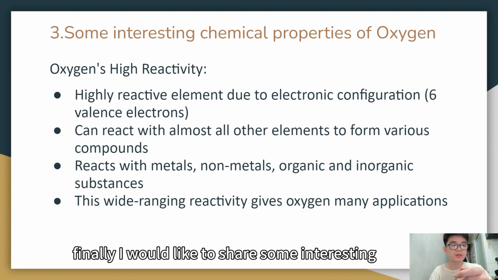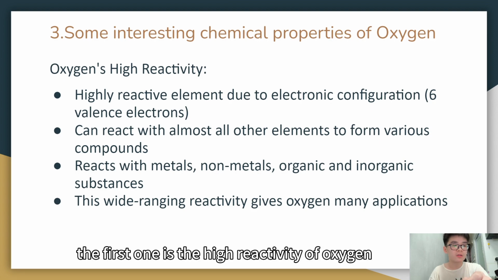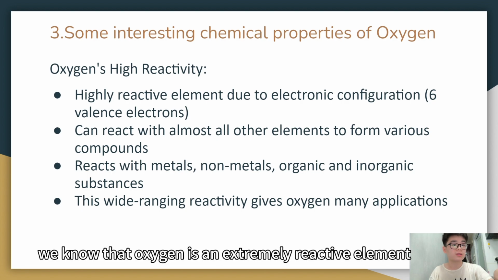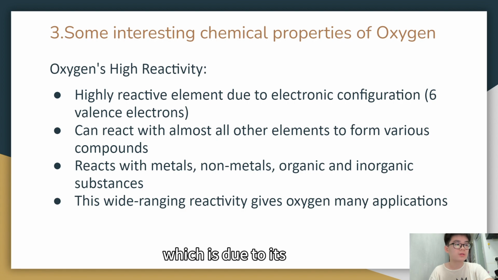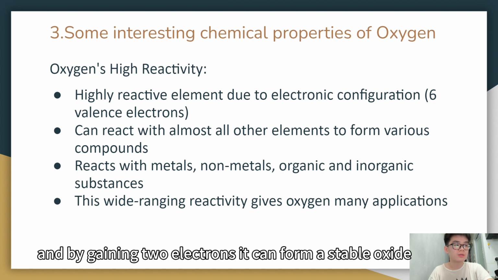Finally, I would like to share some interesting chemical properties of oxygen. The first one is the high reactivity of oxygen. We know that oxygen is an extremely reactive element, which is due to its electronic configuration. The oxygen atom has 6 valence electrons, and by gaining 2 electrons it can form a stable oxide.